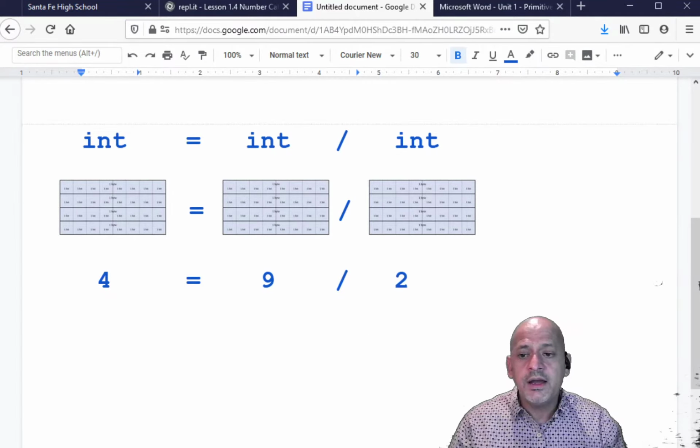But the way Java works is that it's going to calculate this part here before it calculates that. So it's not going to calculate that yet. It's going to do 9 divided by 2, which will be an integer. Then the integer will be placed as a double.